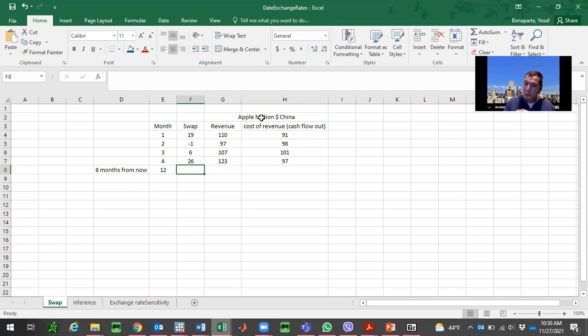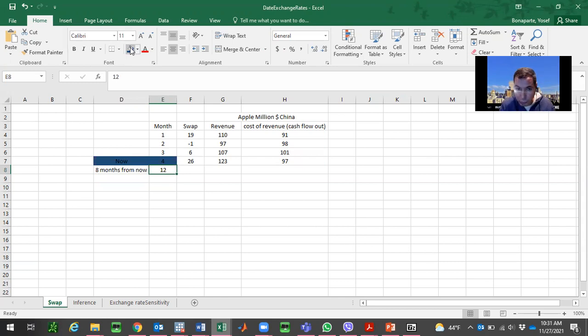You do a swap for, like, December. If it's April now, you worry about December when you have all of this cash flow coming together. You want to make sure that the value doesn't go down.